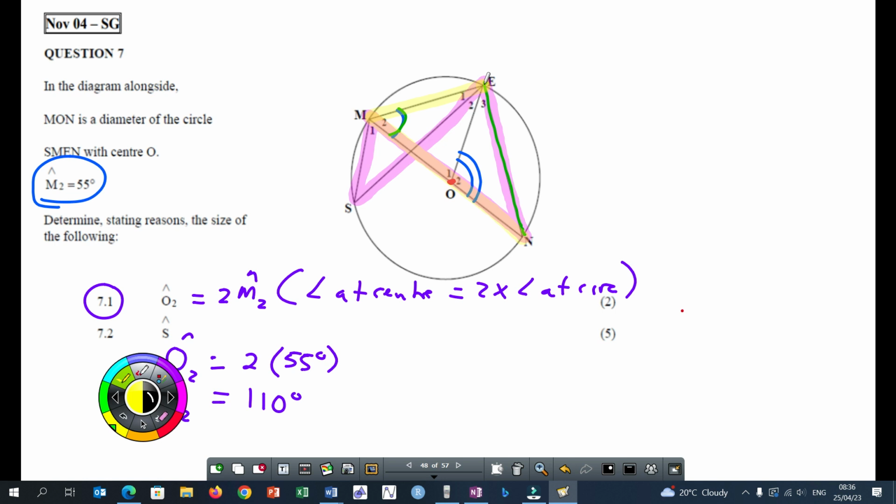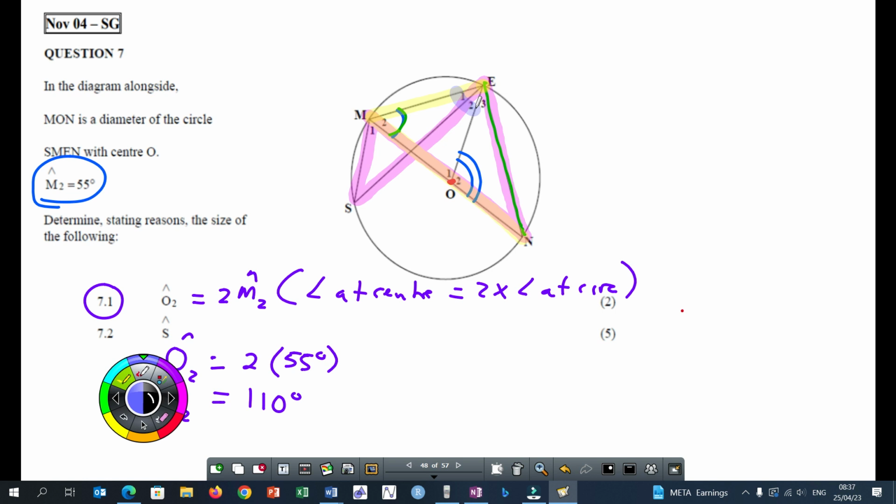If you want to use a longer way, you might have to use triangle MEO. MO is a radius, EO is also a radius. So E1 plus E2 is going to be equal to M2. But you have to start by stating that OM is equal to OE, then you say radii.